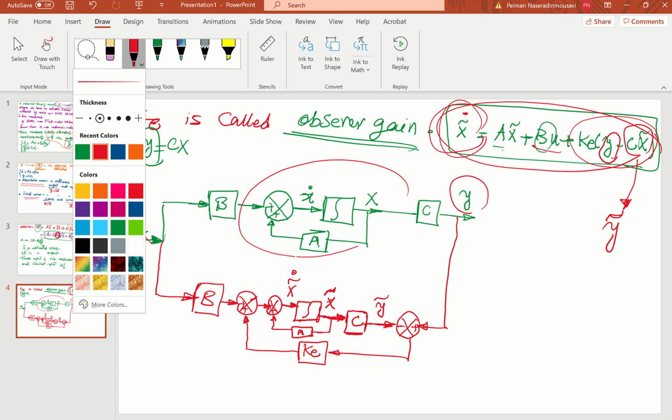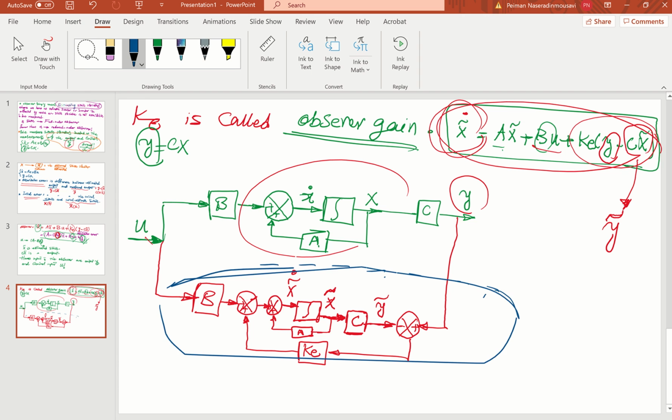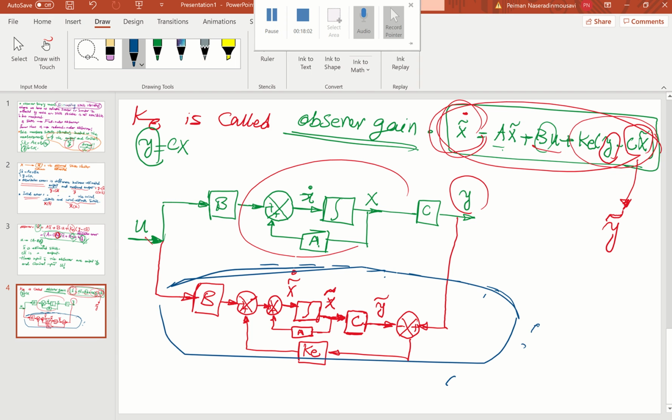This part of the block diagram is the observer.